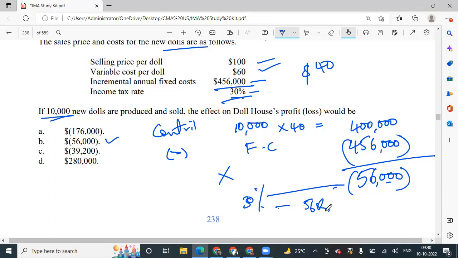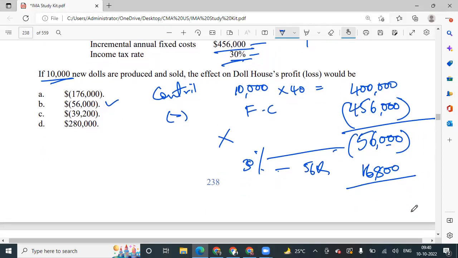Let me just use my calculator. $56,000 into 0.3 gives me $16,800. So $16,800 is the tax saved on my side. So I'm getting a loss of how much? $56,000 minus $16,800 gives me $39,200 as a loss, still a loss. Is that an option? Yes, it is an option, and this is actually my answer too.